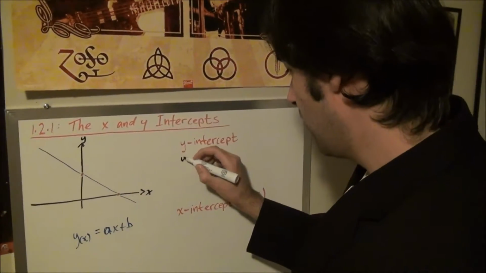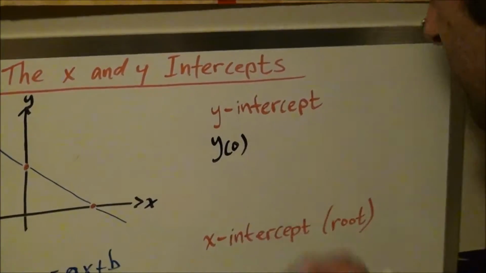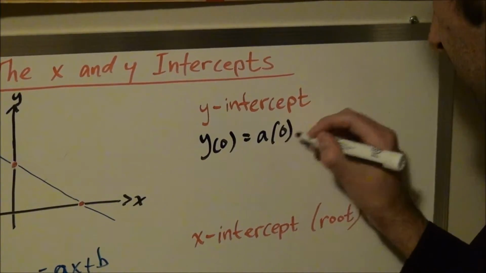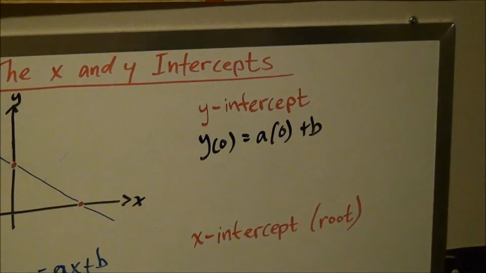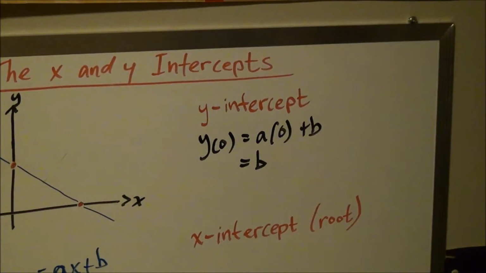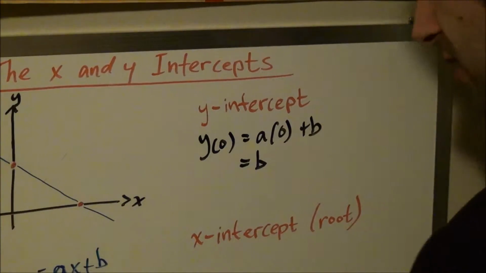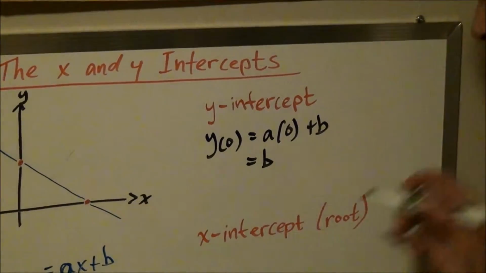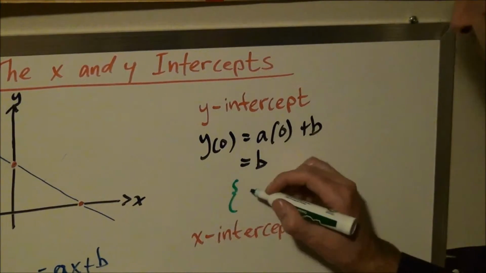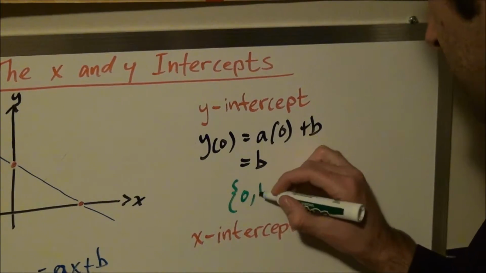So, y, when you evaluate it at 0, is going to equal a times 0 plus b, which of course is just equal to b. Now this gives us the point that is the y-intercept, because when it's the y-intercept, x equals 0 and y equals b.